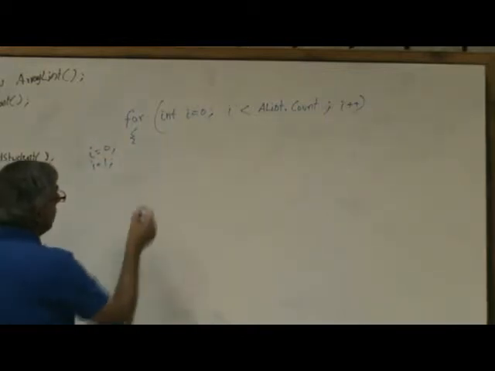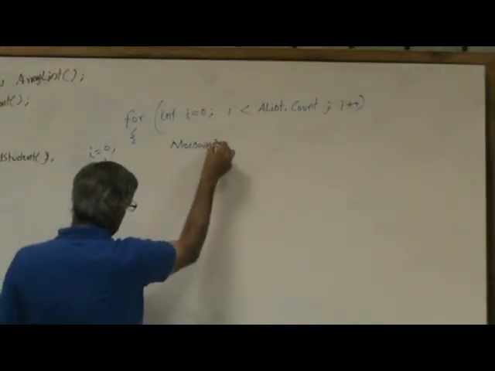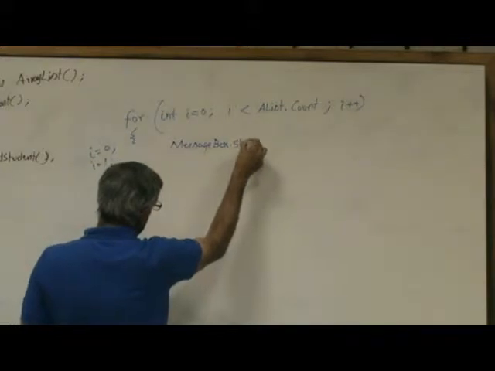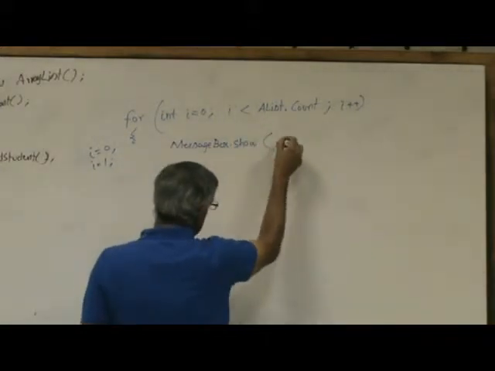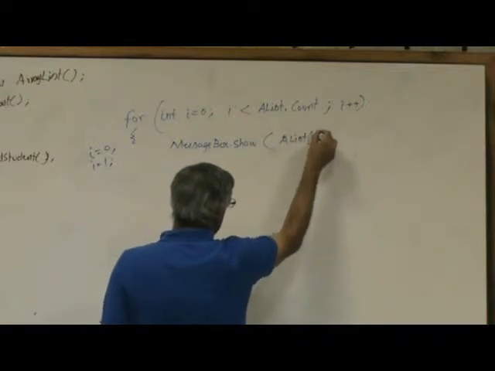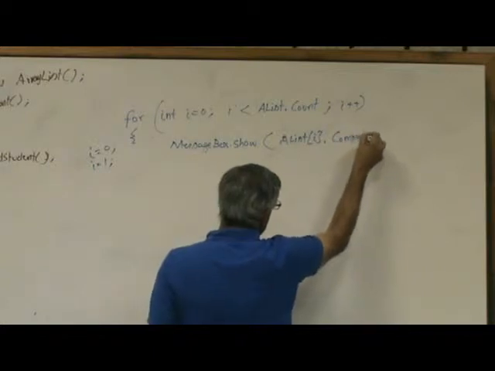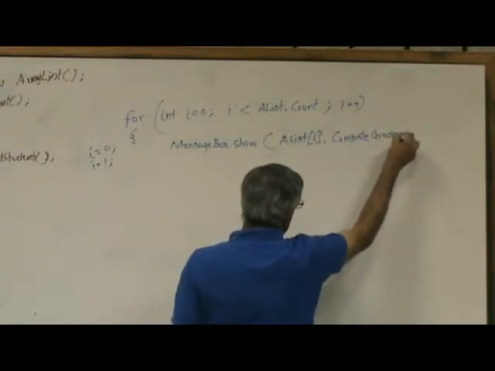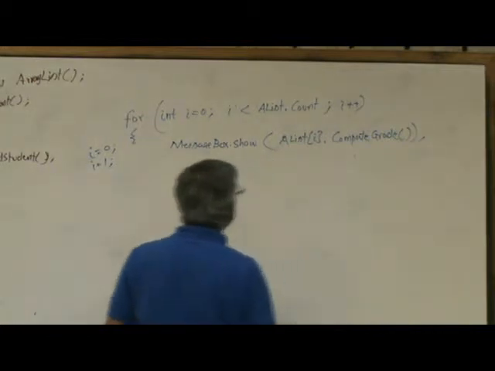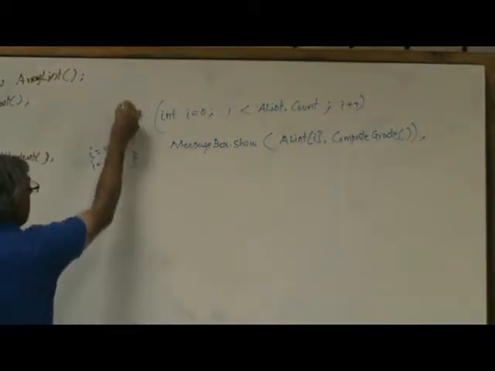right? So what if I did something like this, message box.show, a list of I dot compute grade, what will happen? Will this code compile or won't even compile?